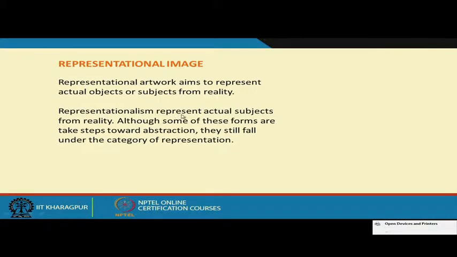Representationalism represents actual subjects from reality. They pick up subjects from reality, and although some of these forms take steps towards abstraction, they still fall under the category of representation. What it means is that we take things from the real world and try to represent those objects in a representational image, but many a time we make some variations, we make changes.